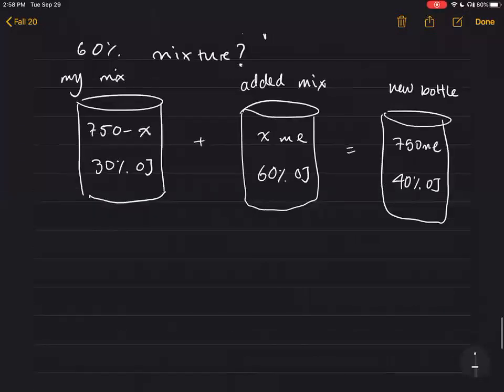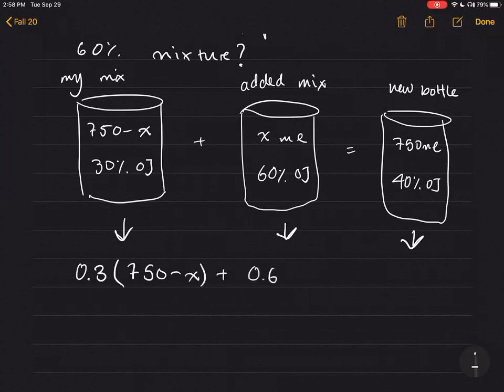And so if you remember our trick from earlier, this becomes 0.3 times (750 minus x) plus 0.6 times x equals 750 times 0.4.